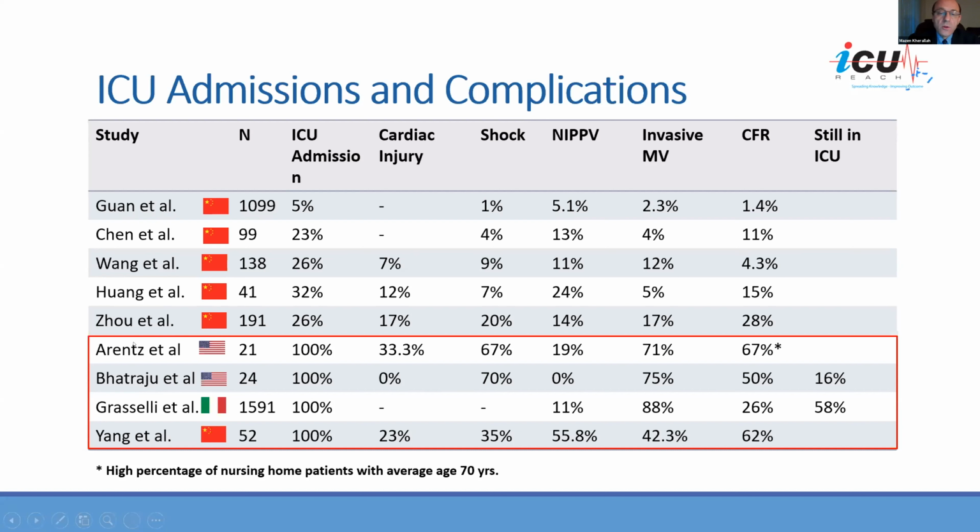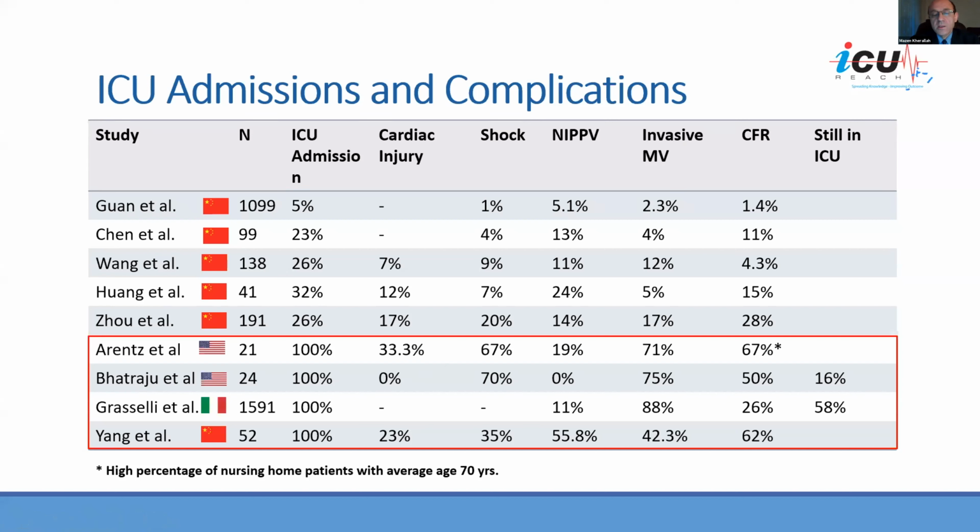If we take a look at patients who are admitted to the intensive care unit, we have 4 studies: 2 American studies, small ones mainly from Washington, a big one from Italy, and another one from China. The cardiac toxicity was seen in around 25 to 1/3 of the cases, except that one of the American studies did not have any cardiac toxicity in those 24 patients.